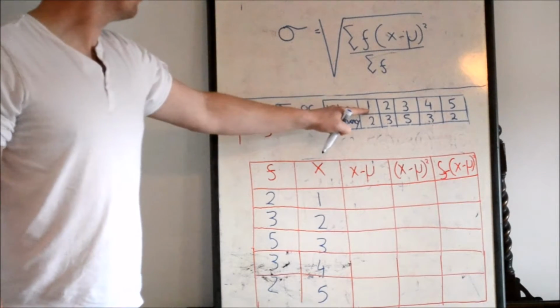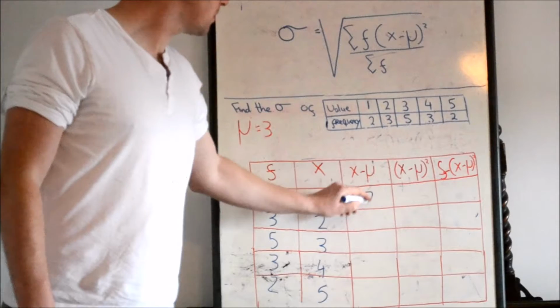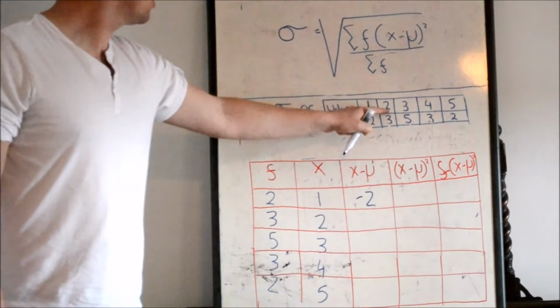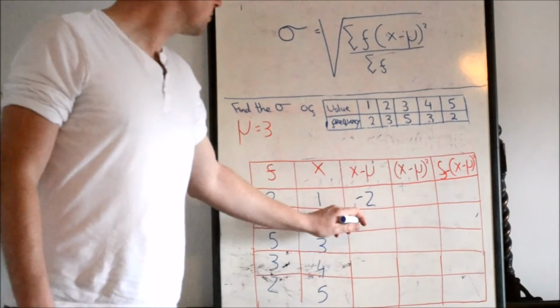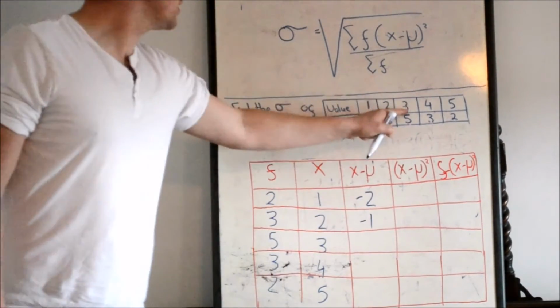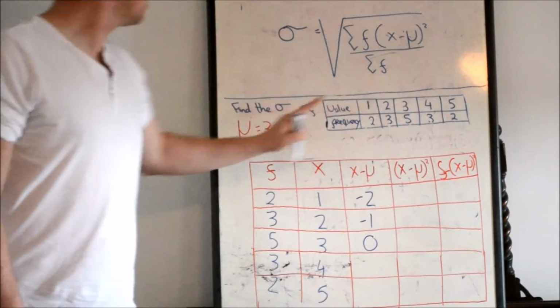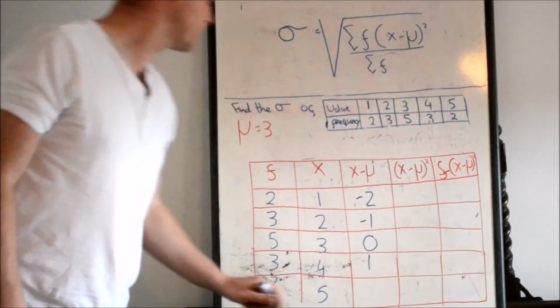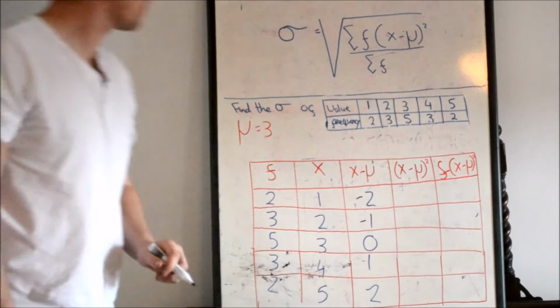So, 1 minus the mean, which is 3, is minus 2. 2 minus 3 is minus 1. 3 minus 3 is 0. 4 minus 3 is 1. And 5 minus 3 is 2.